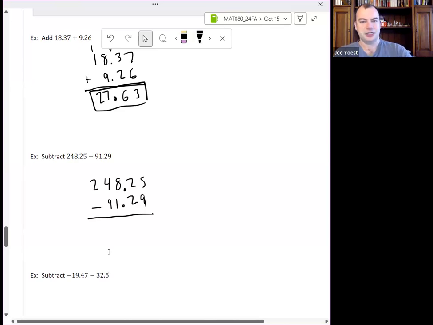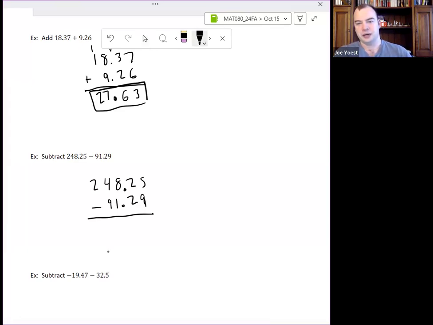Just like before with subtraction, I do the subtraction the same way. I want to do 5 minus 9, but I don't have enough to subtract that off. I borrow. The 2 turns into a 1. And I get 15. So 2/10 and 5/100 turns into 1/10 and 15/100. So I now have 15/100 minus 9 is 6.